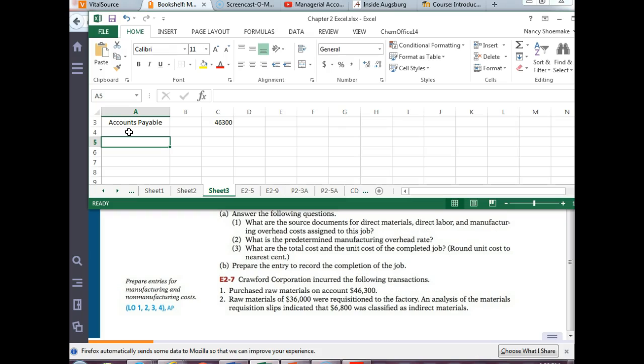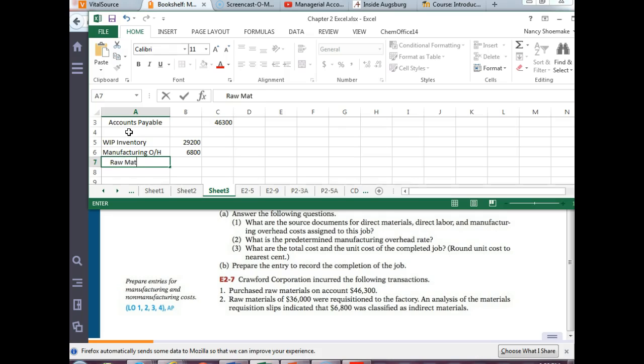We're going to debit WIP, work in process inventory, of how much? 36 minus 6,800 is what? 29.2. 29.2 is going into work in process inventory. Manufacturing overhead is how much? 6,800.